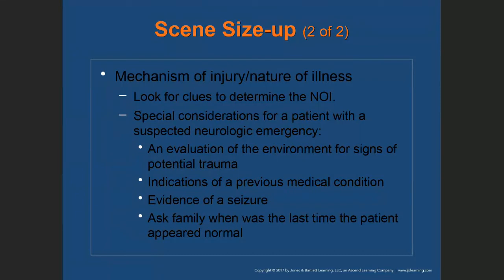Is there evidence of a seizure? Ask family when was the last time the patient appeared normal, and if they are displaying altered mental status, find out if this is normal. Is this normal for the patient? If not, when was the patient last seen behaving normal?